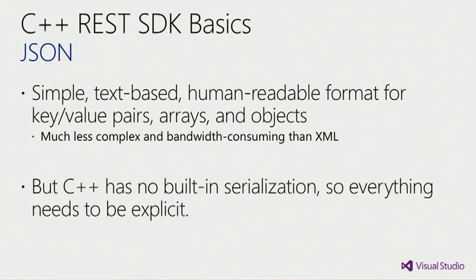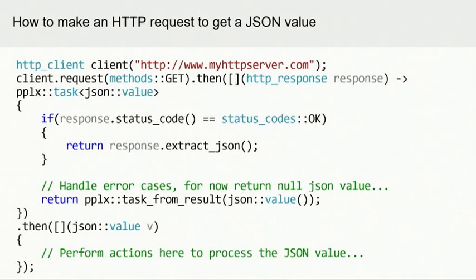But in other languages, you can often do the JSON to object serialization and deserialization through attributes or various declarative notions. In C++, we don't have that rich runtime metadata, so we had to go with a more explicit API for dealing with JSON. But it is so fundamental that we built it straight into the HTTP response and request APIs.